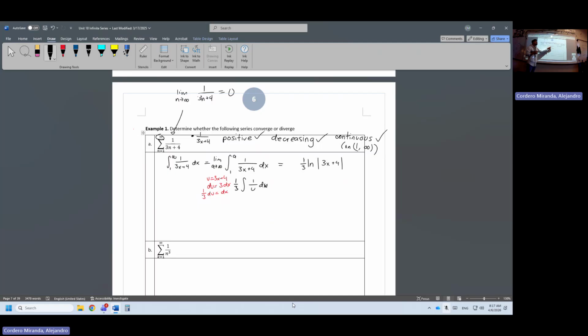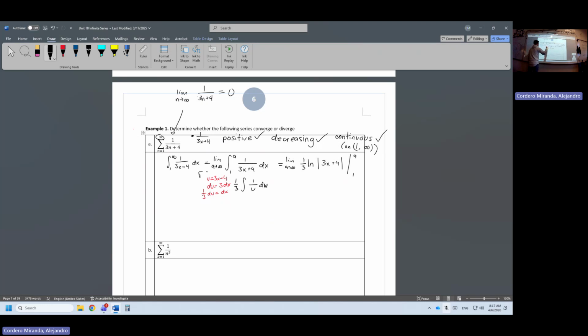If this was 3x squared plus 4, then you can't do that anymore. Again, this is only for linear functions on the bottom. 3x squared plus 4 would probably be an arctangent type of antiderivative. But anyway, I'm evaluating this at a and at 1, and I'm taking the limit as a goes to infinity.